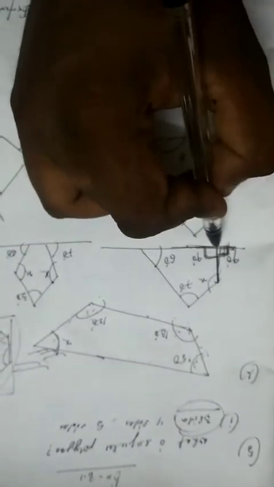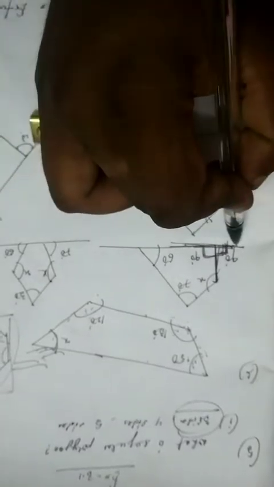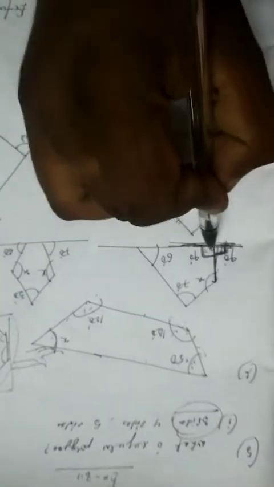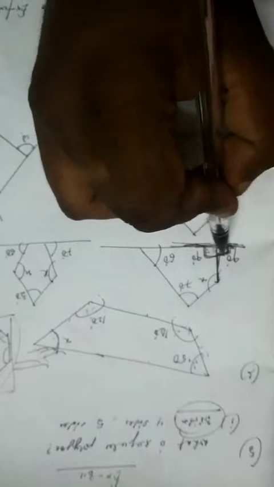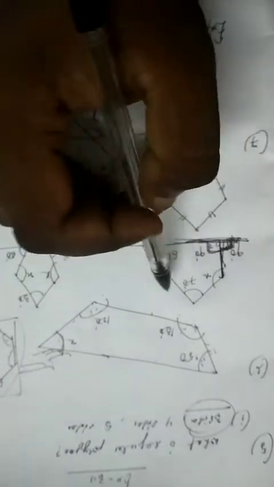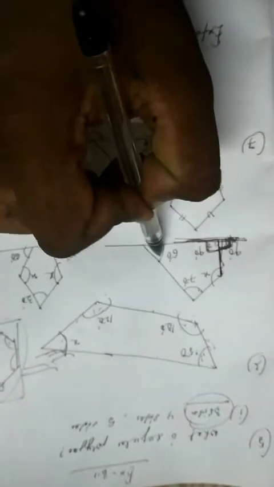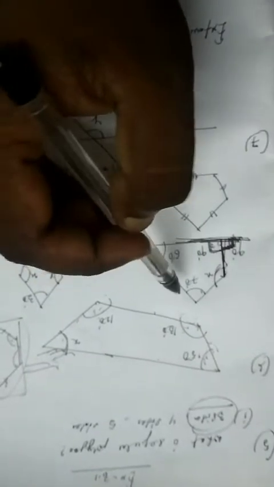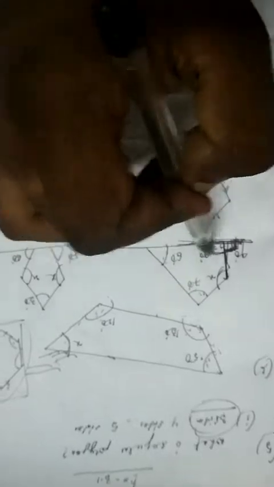This side is lying perpendicular on this base, so if the measure of this angle is 90 degrees, of course this angle is also 90, because they are supplementary to each other. Alright, so one angle is 70, one angle is 60, one angle is 90. To find x, add these three angles, 70, 60 and 90, and subtract from 360. You will get the measure of x.